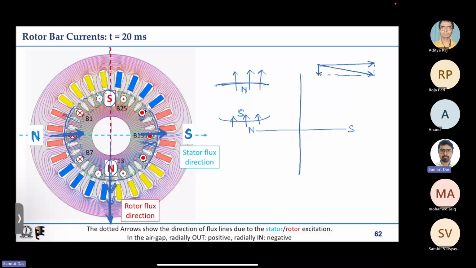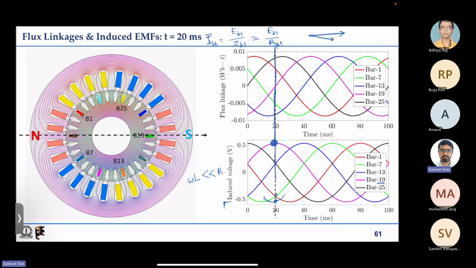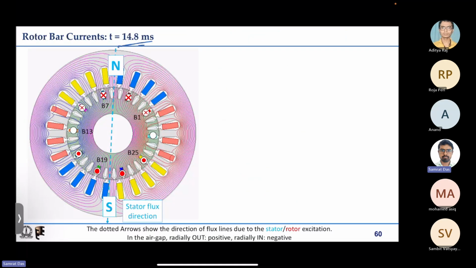And as it rotates, this is at t equal to 15 milliseconds almost. At this time instant, the flux direction is actually downward like this. So the stator surface I indicated has to be south pole, because flux lines are entering it, and this surface has to be north pole, because flux lines are leaving from it.